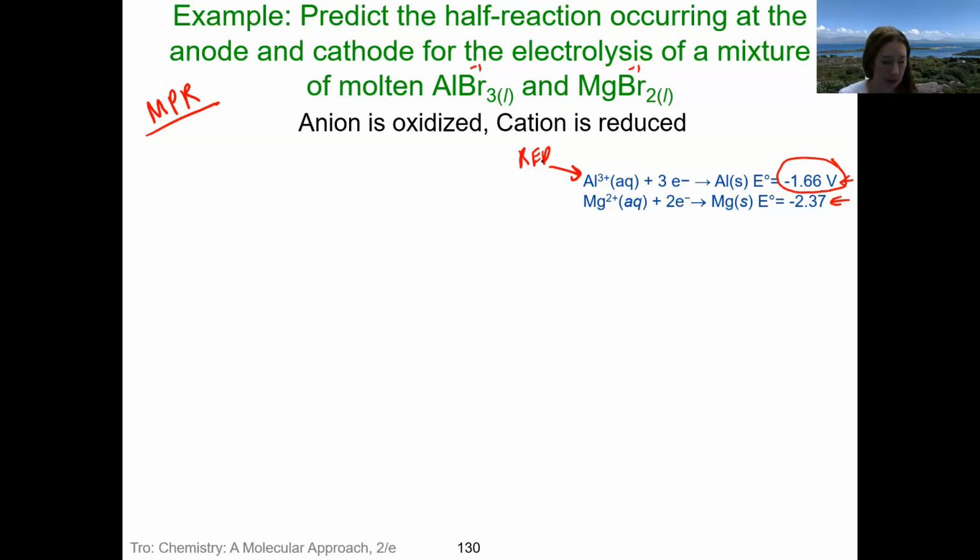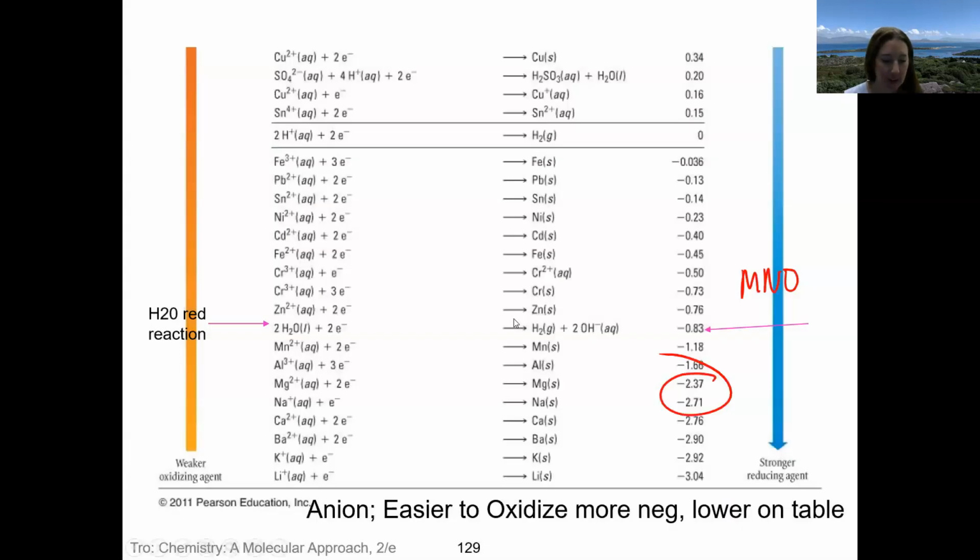So here's bromine. Which one's going to be our anode? Our anode is our oxidation, which is going to be bromine. 2Br-. I've got to look, I don't remember.